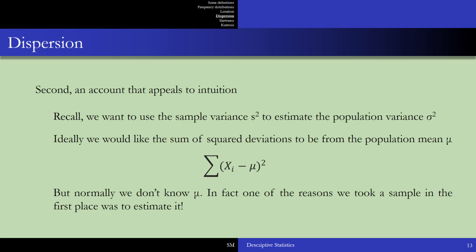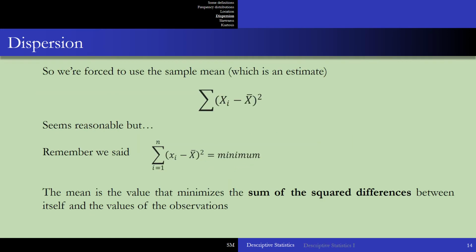But of course, normally we don't actually know the population mean. In fact, one of the reasons that we took a sample in the first place was probably to estimate it. Well, we don't really have too many choices. We're going to be forced to use the sample mean, which is an estimate.